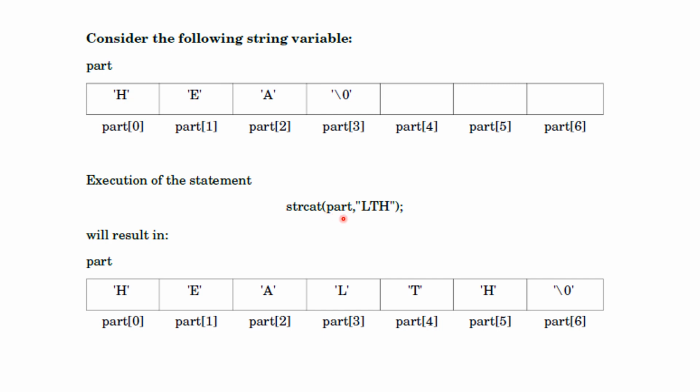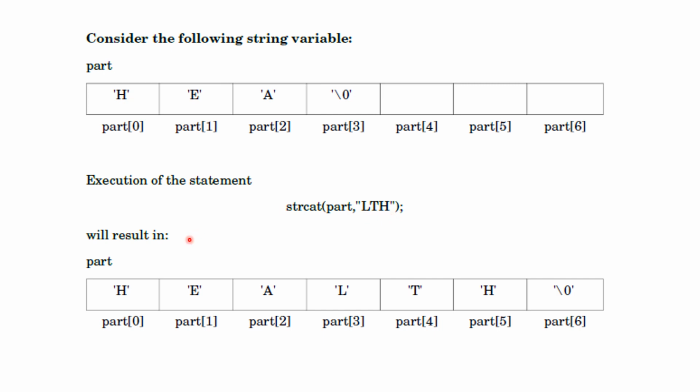Argument 1, that is the destination string of the strcat function, should always be a string variable, but the source string can be a string variable or a string constant. Characters within double quotes make a string constant, argument 2. The source string in this case is a string constant.